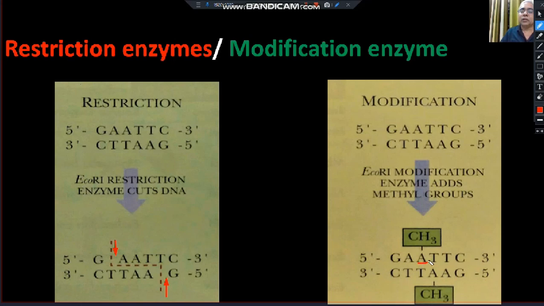For example, here it modifies the adenosine. Again, here it modifies the adenosine. It adds a methyl group here and a methyl group here.